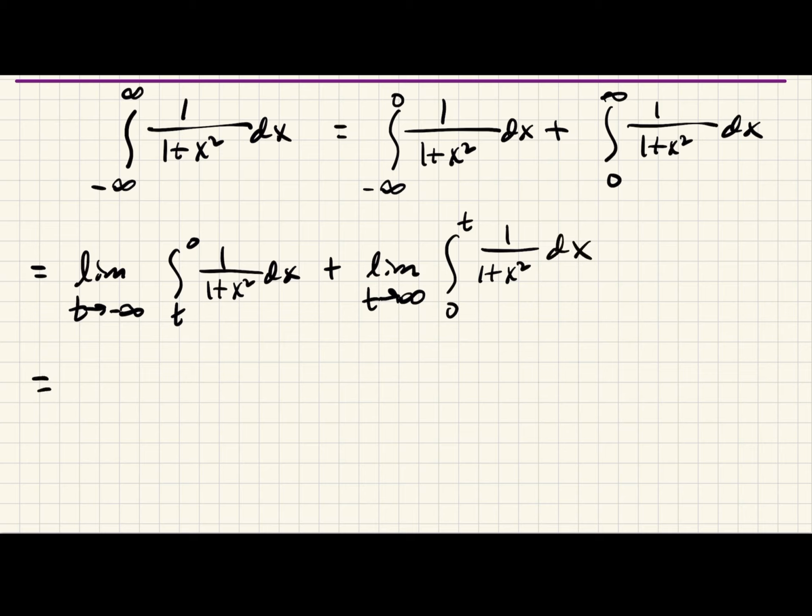Now, those I know are inverse tangents. I'm going to do them separately, starting with just the first one: the limit as t goes to minus infinity, integral t to 0, 1 over 1 plus x squared dx.